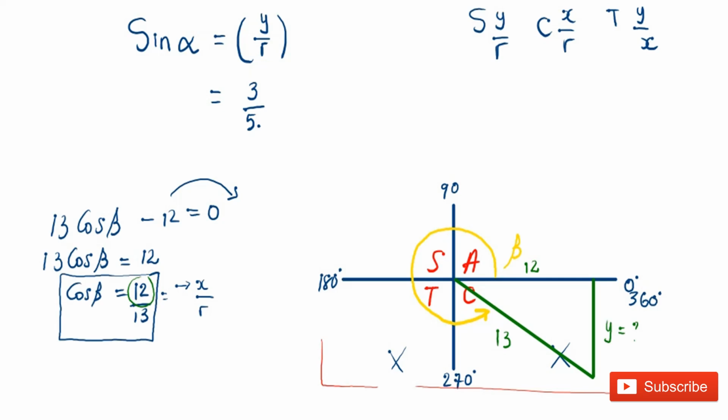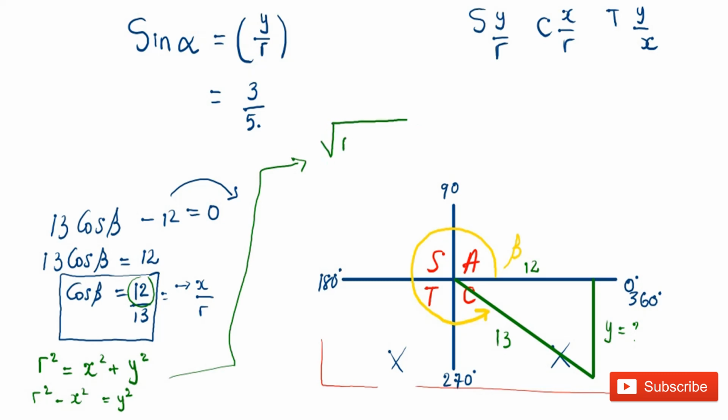How do we get the y value? We use the theorem of Pythagoras, which is r squared equals x squared plus y squared. We've got r squared, we've got x squared, we need y squared. So r squared minus x squared is equal to y squared. So the square root of r squared minus x squared is equal to y, right?